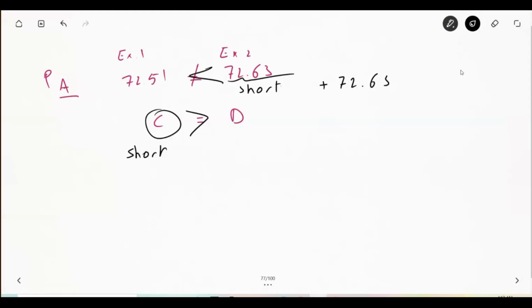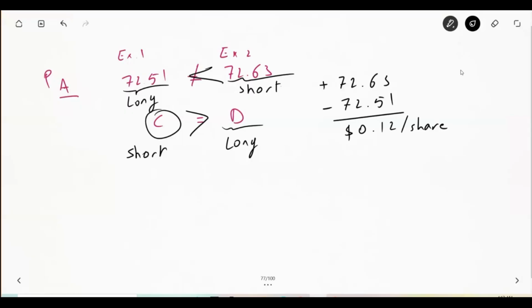We will use this cash to take a long position in D. In this case, we will buy the shares listed on exchange 1. In this case, we need to pay 72.51. So as you can see, at time t equals 0, we will have a cash inflow of $0.12 per share.